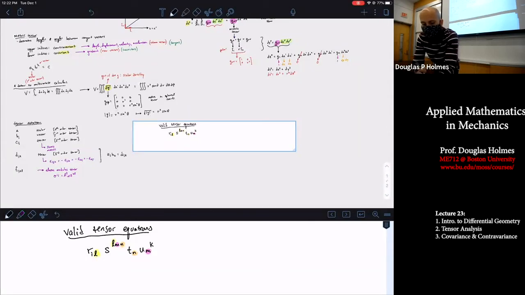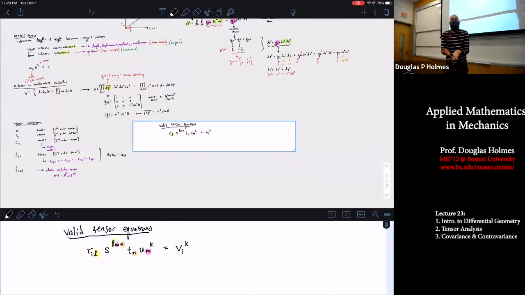All of these things are contracting, and the end result of this will be some other quantity. We'll call it V, and we know that it has to look like this. It has to, otherwise you don't have a valid equation.